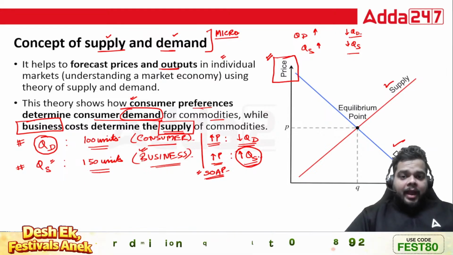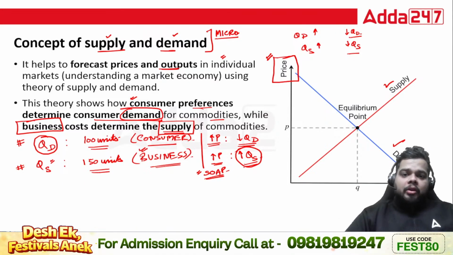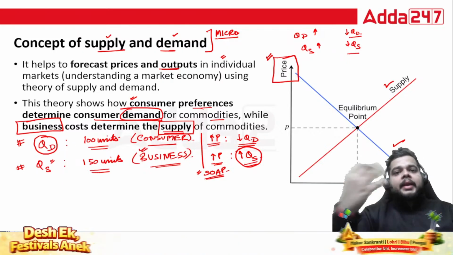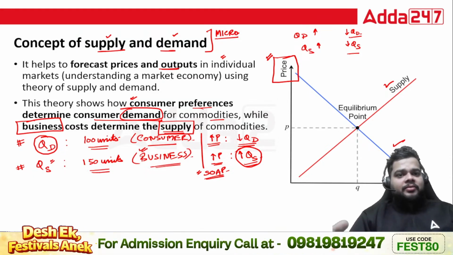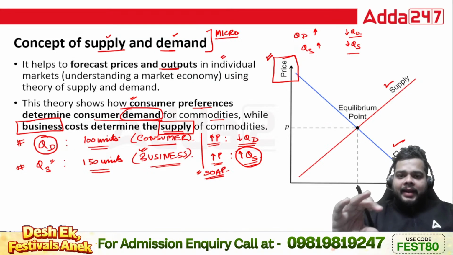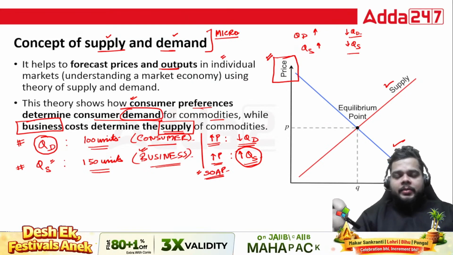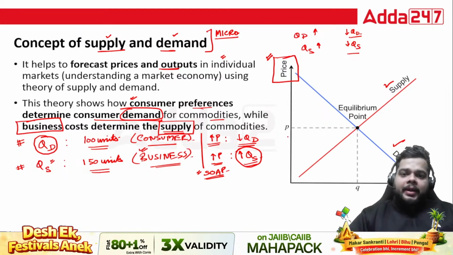Fine. And whenever there is a low price of a particular commodity, the quantity demanded will increase because people want to hoard as much as possible. You never know when the next offer will come in the supermarket. So this is how we try to analyze the interrelationship between price and quantity demanded, price and quantity supplied.